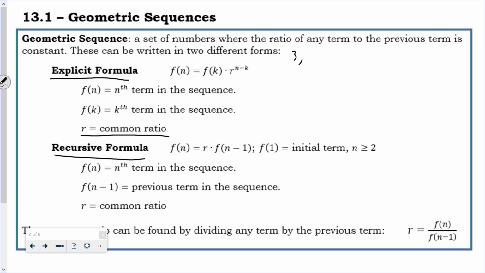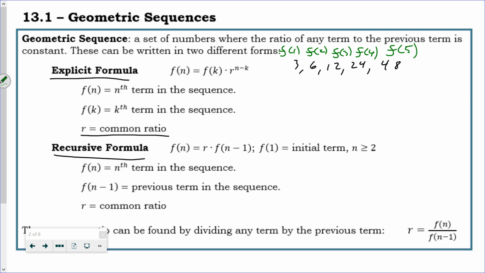So if we look at the sequence we just looked at, 3, 6, 12, 24, and 48. If we label each number in that sequence, like if you say 3 is f of 1, 6 is f of 2, 12 is f of 3, 24 is f of 4, and 48 is f of 5.